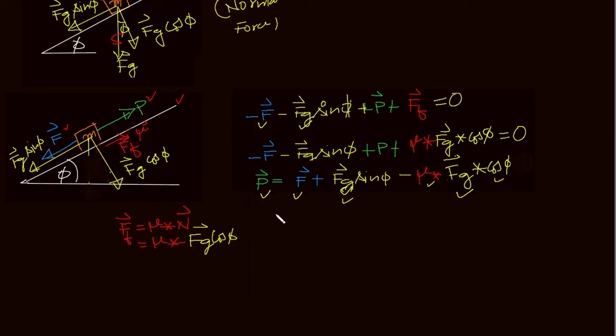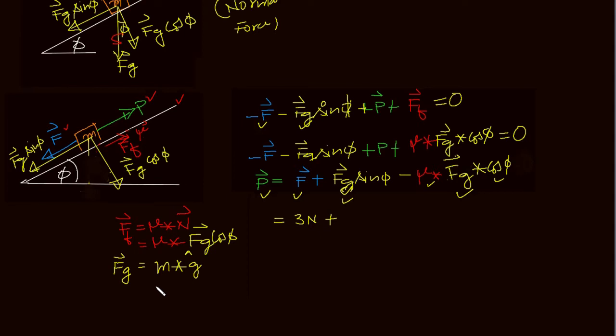So we know that, let me use all yellow here, F is 3 newtons. Fg we have written above. Fg is mass times gravity.